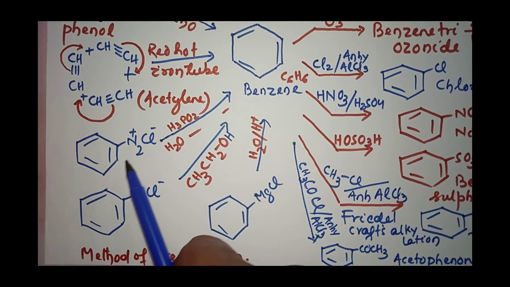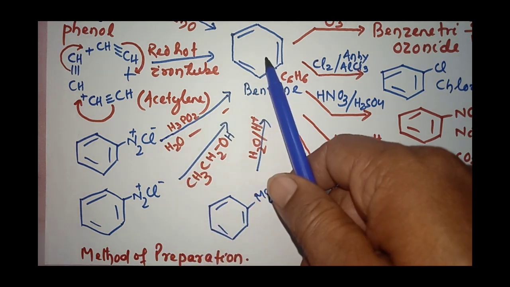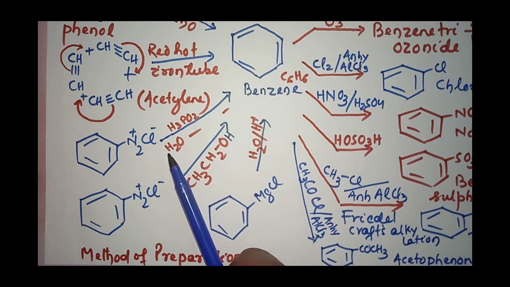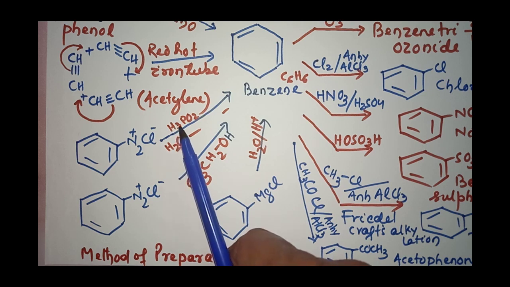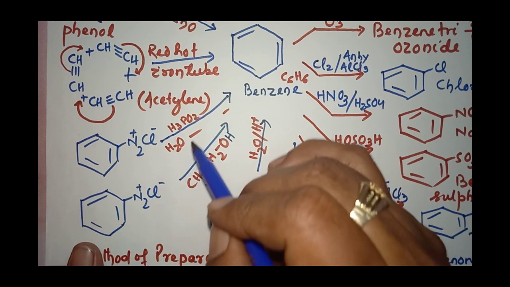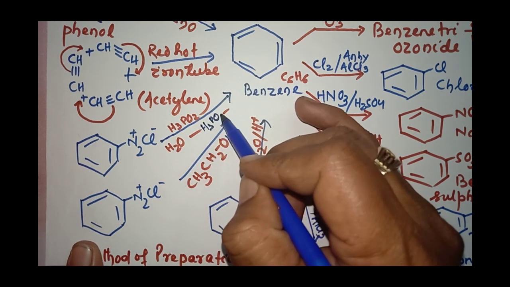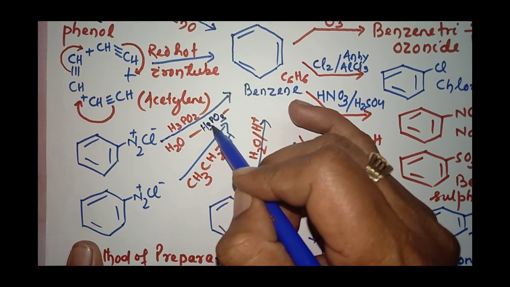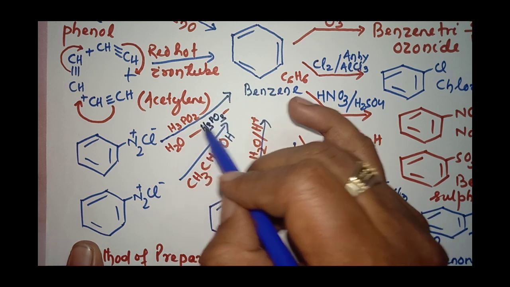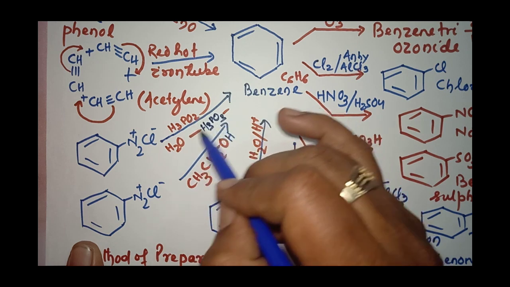When benzene diazonium chloride is treated with H3PO2 and water, benzene is produced. You see, this oxygen is connected with this H3PO2 and becomes H3PO3. This is O2, this is O3. So this O is connected with this O2 and becomes O3.